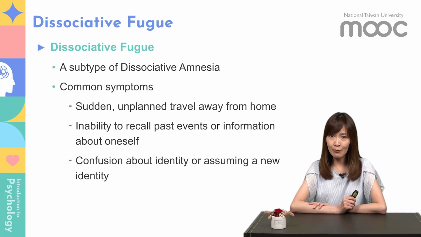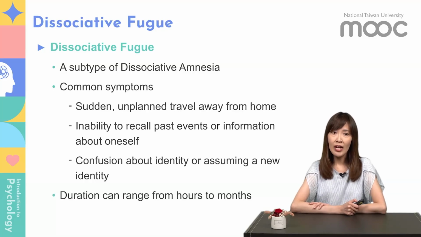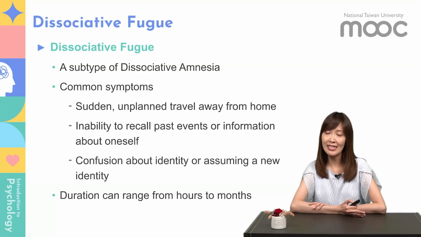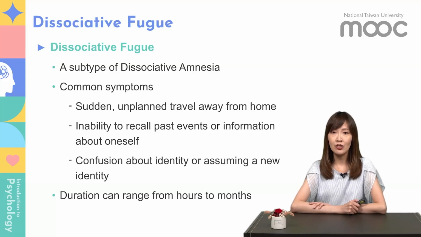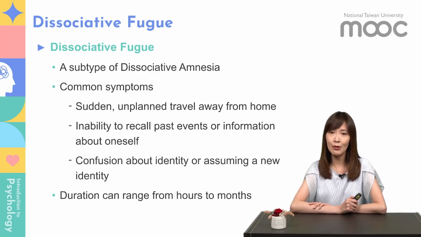And when they wake up from the fugue, they may not have any idea what happened during their fugue. Dissociative fugue can range from hours to even several months, and they may not know about their fugue, and they might not remember why they're there in a new city. So that's dissociative fugue. It's a subtype of dissociative amnesia, and it's a rare disorder.